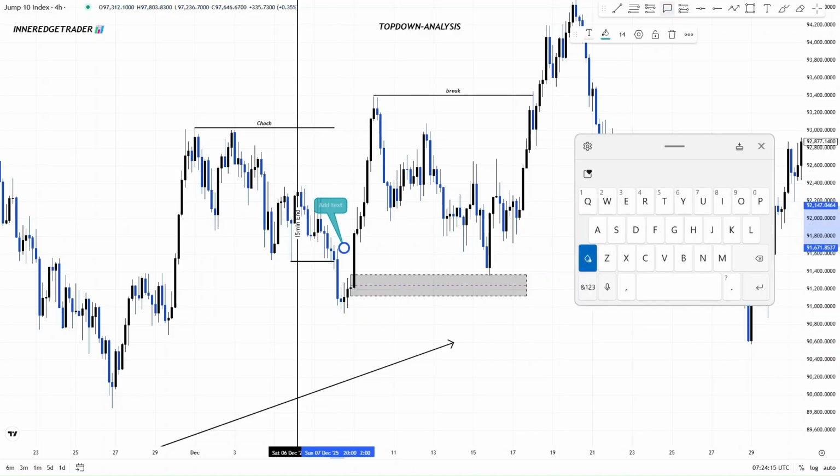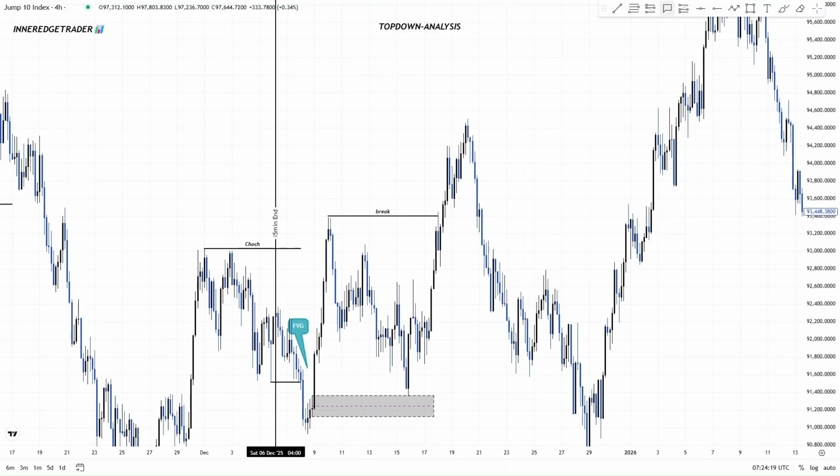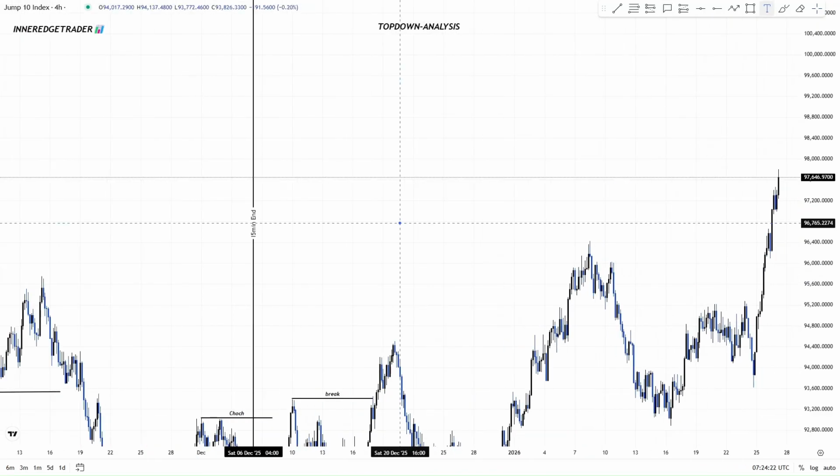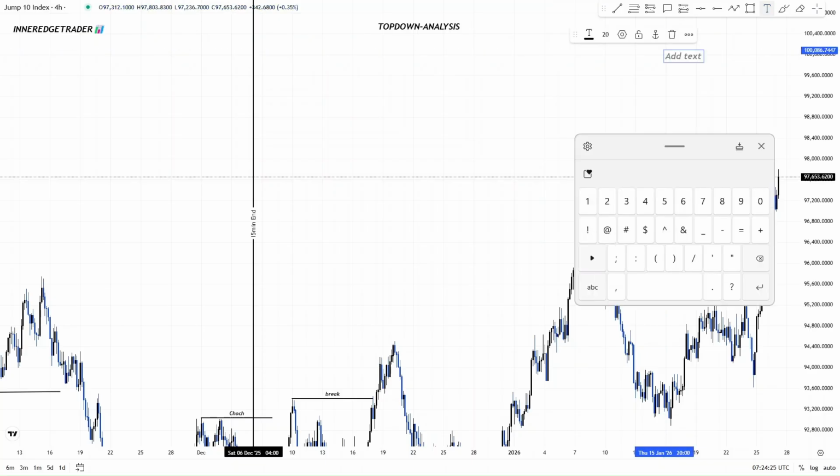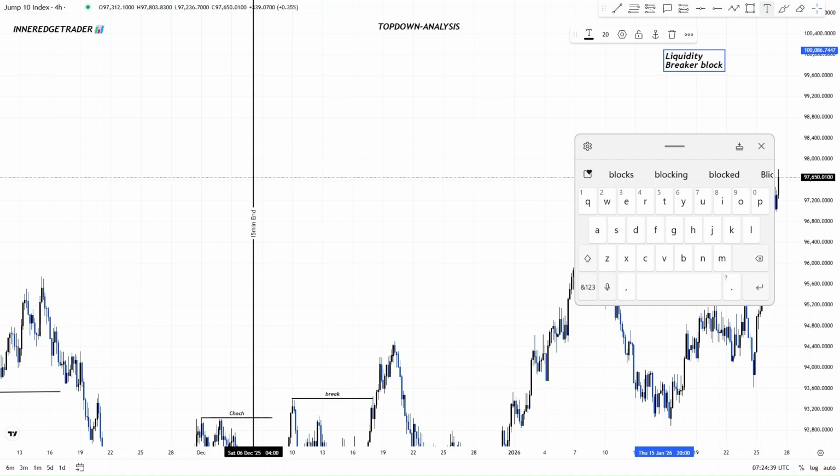Remember in our last video I highlighted some things you should always follow, which are the liquidity, your breakout block, your fair value gap, your order block, and another thing again, market structure.